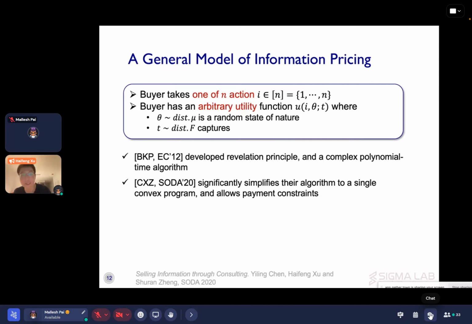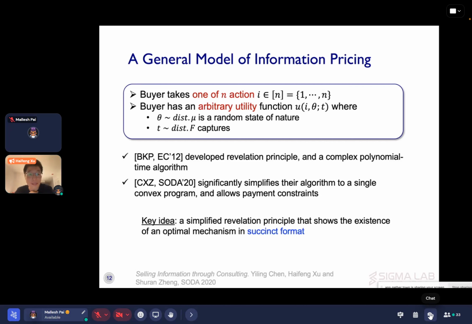We can simplify the algorithm to just a single convex program. So you only need to solve a convex program to get the optimal mechanism. Moreover, we allow you to set an upper bound for the payment, so you can constrain your payment to be at most some number. Therefore, it will never happen that in order to get revenue 2, you need to charge them 25K.